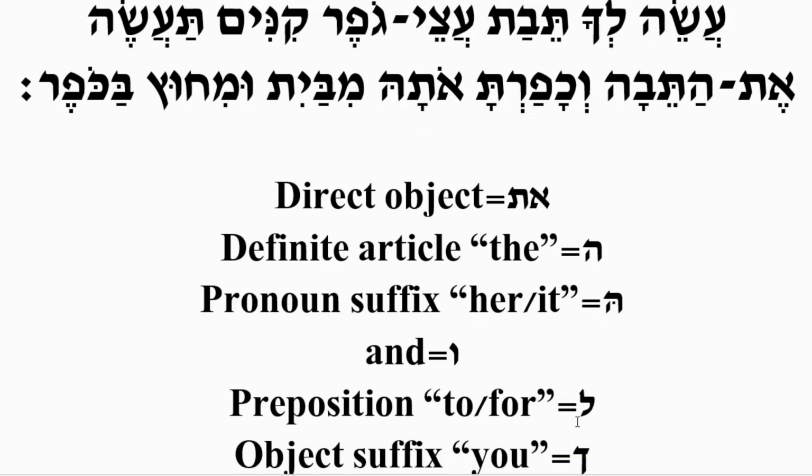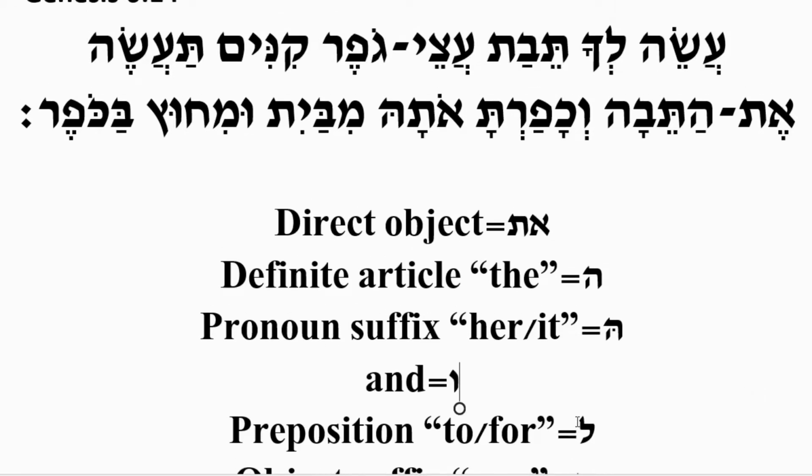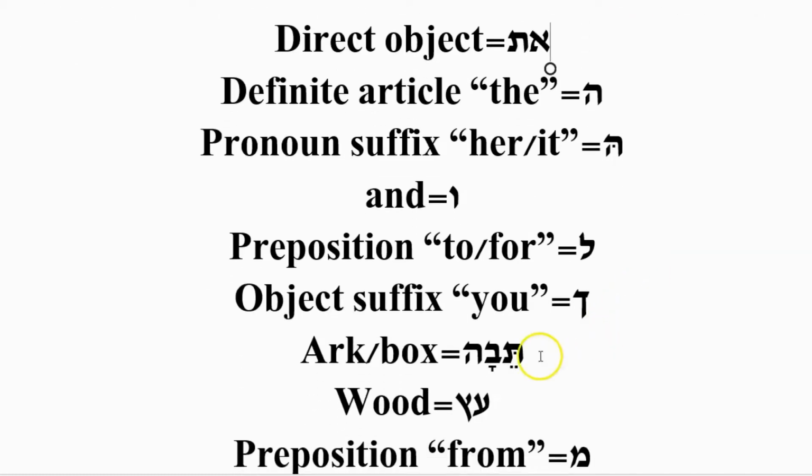Okay, so let's go to the actual nouns. Et hateva. Come down here. The teva in Hebrew means an ark or a box. It can also mean a basket, but typically it's going to be ark or a box. Typically it's going to be a box, but in this instance, it's traditional to call it an ark. I don't know why it is traditionally called an ark.